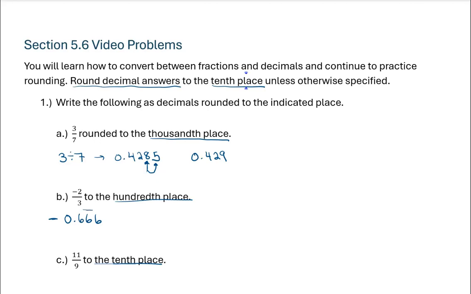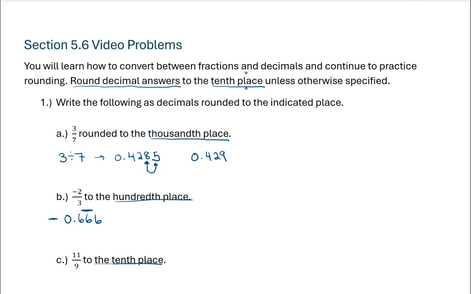I just want to make sure that you're introduced to this. This is a decimal that repeats constantly. It's a repeating decimal. If you have that and you're not being asked to round, you can put the line that I just did above it, and that shows that it goes on forever. So you'll see that sometimes. So I want to make sure that you are comfortable with what that means.